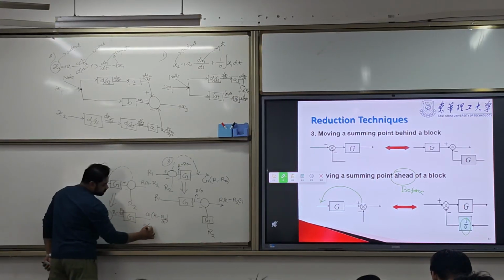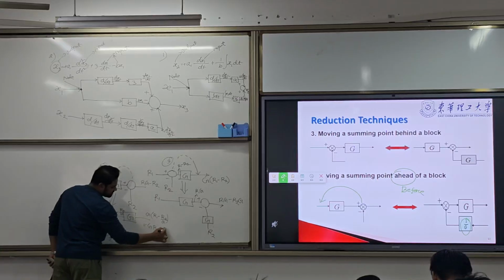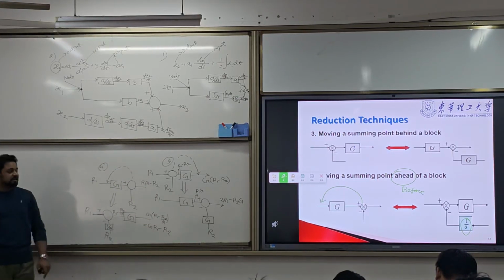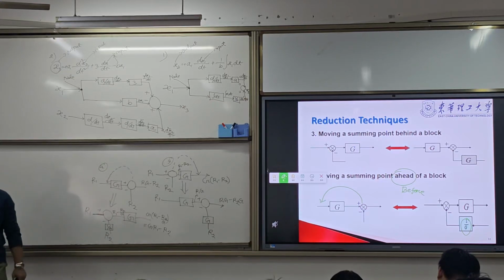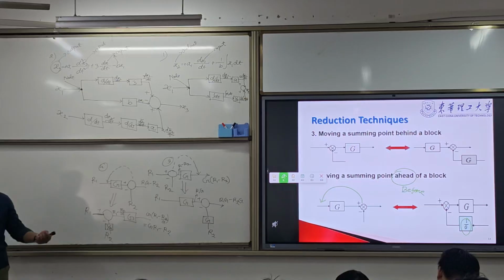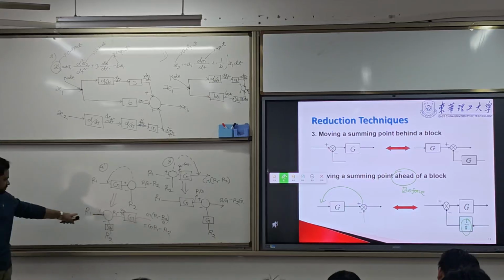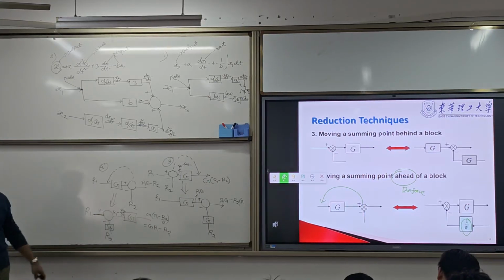Now this will give you G R1 minus R2, which is the same. That's why we need to multiply with 1 by g. If we move the summing point before a block, then we must multiply with 1 by g. Because of this, this is the proof.